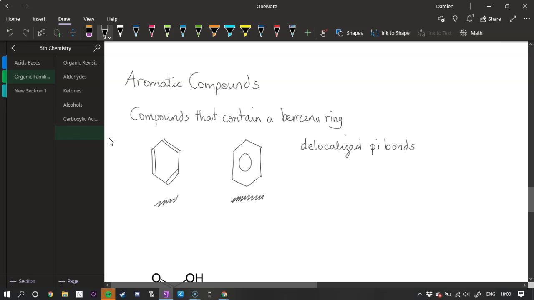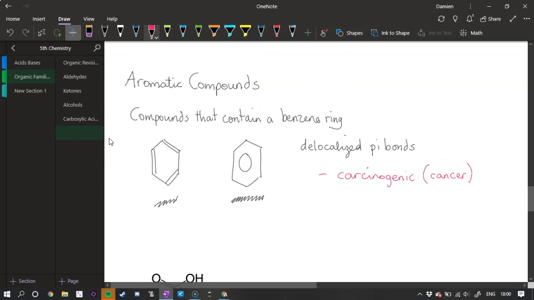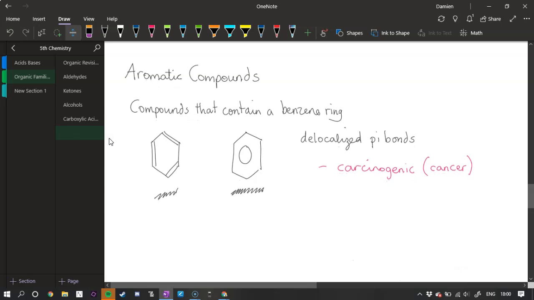So benzene compounds. First of all, benzene is carcinogenic. And of course, I'm sure you know what that means: it causes cancer. That's when benzene is on its own. However, if you react benzene with other substances, it ceases to be carcinogenic.